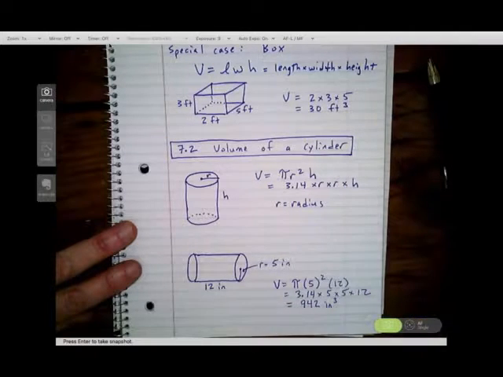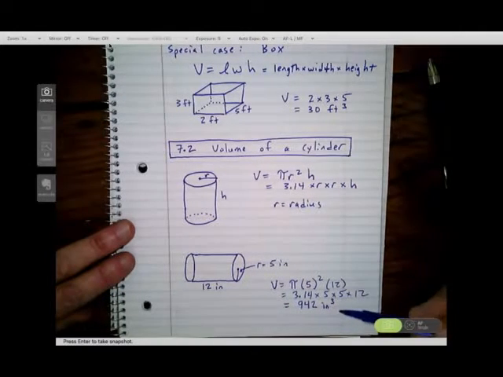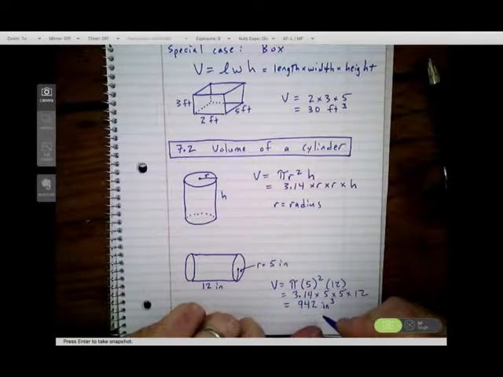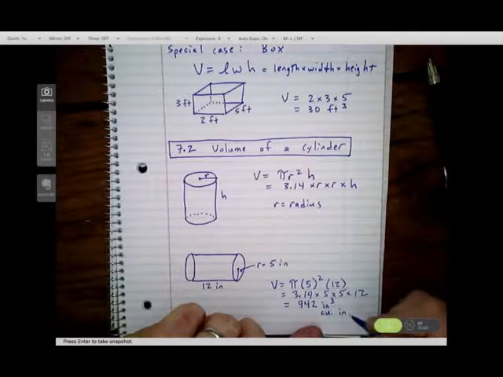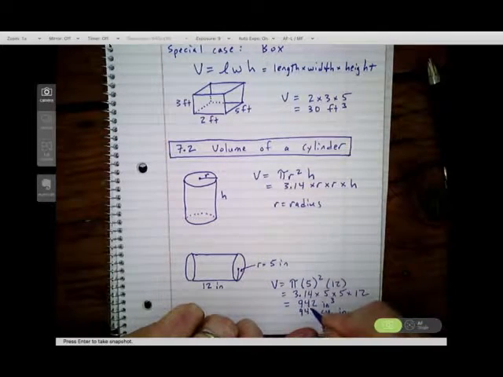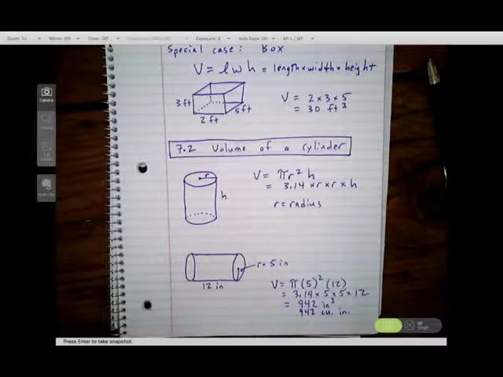And when you work that all out, you get 942 in its volume, so it's cubic inches. You could also write that as cu in, cubic inches. I prefer the little exponent of a 3 because it's a little quicker and easier to do.